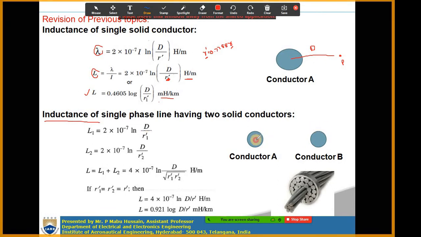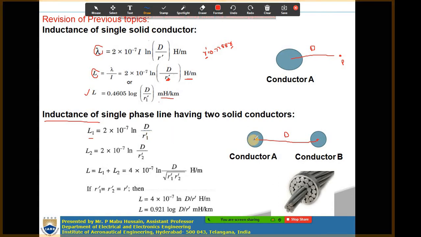Capital D here is the distance between the centers of these two conductors. Again r1 dash here is 0.7788 times the radius of the first conductor.